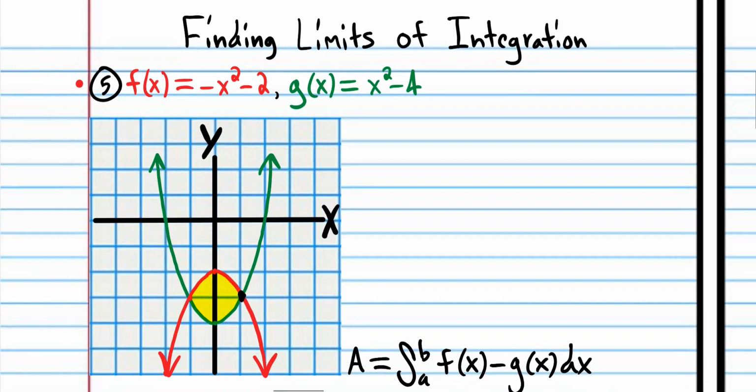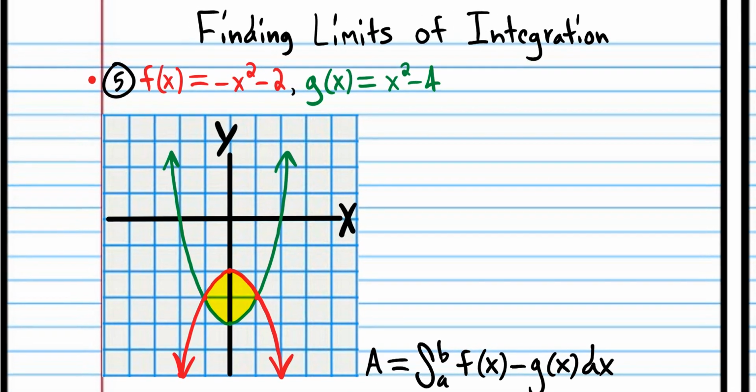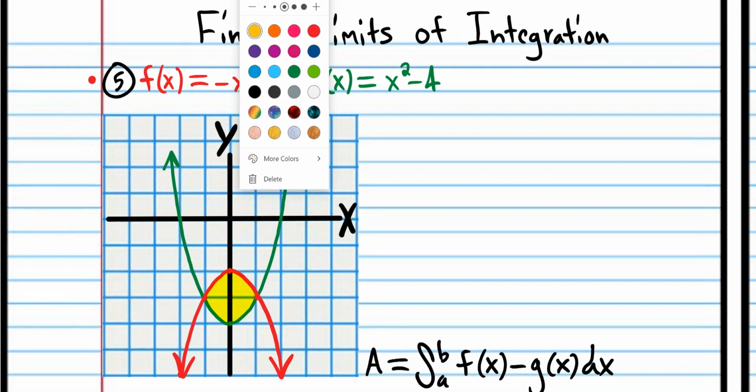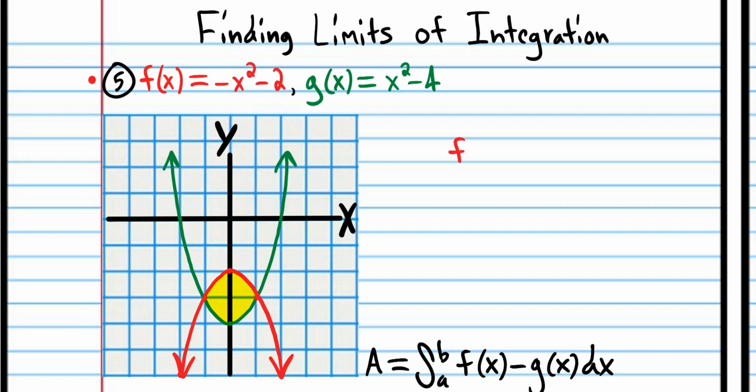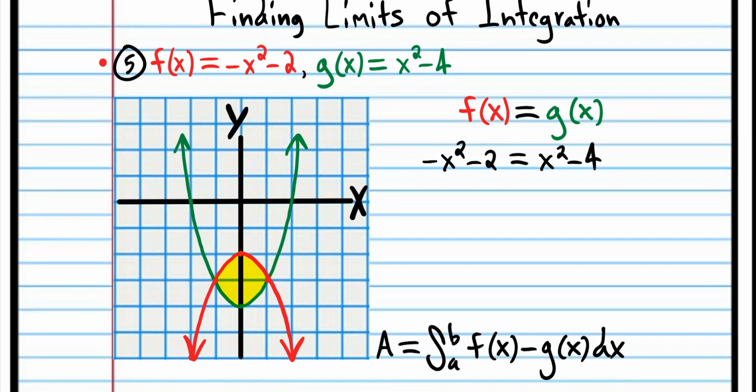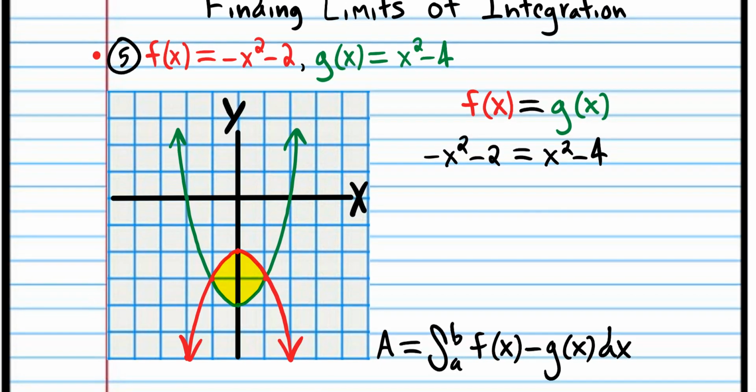So we're looking for the x values, and the way that we find them is we set the y values equal to each other. f of x is the y values of the red equation, and g of x is the y values of the green equation. So f of x is negative x squared minus 2, and g of x is x squared minus 4. If we solve this equation, we find what x values make the y values equal, and those x values are what we're looking for.